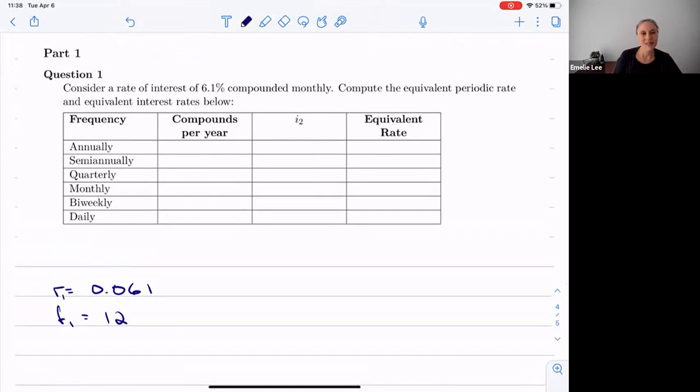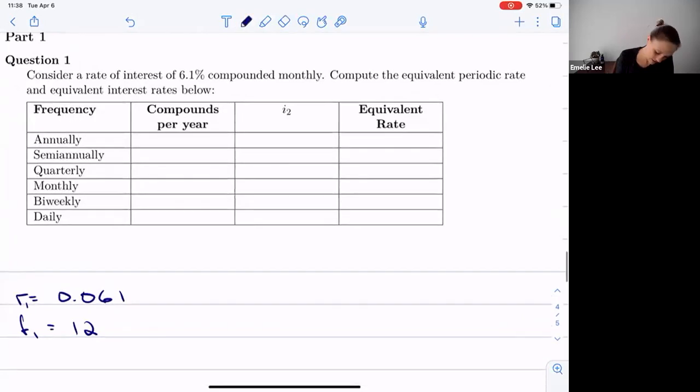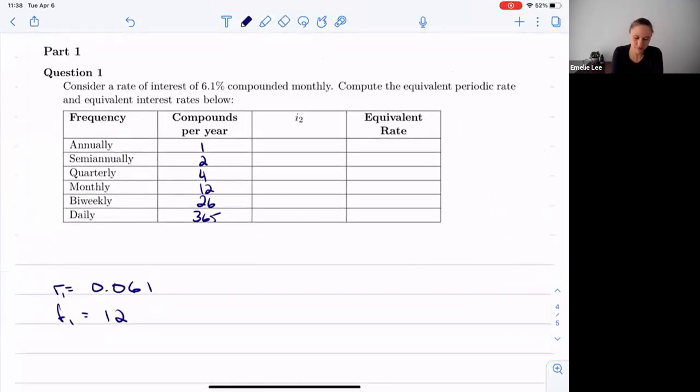The first thing should be pretty breezy: how many compounds per year? Annually is 1, semi-annually 2, quarterly 4, monthly 12, bi-weekly 26, and daily 365. A third of the marks in the bag. Not bad.